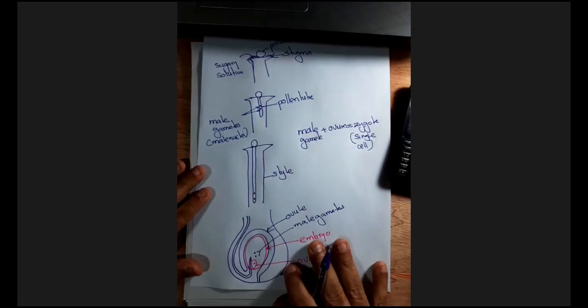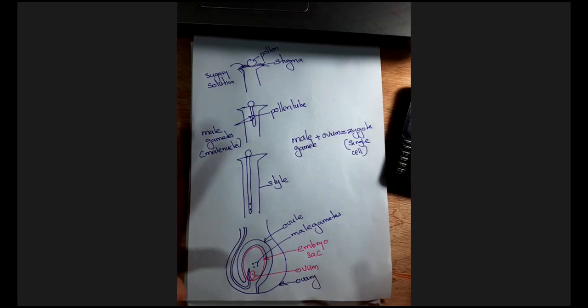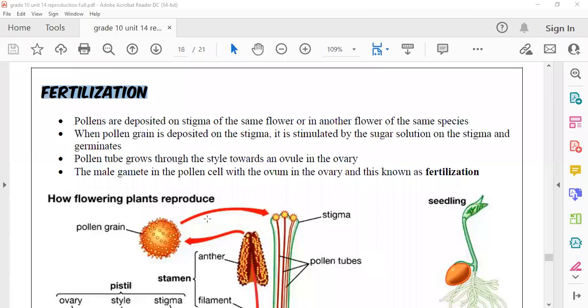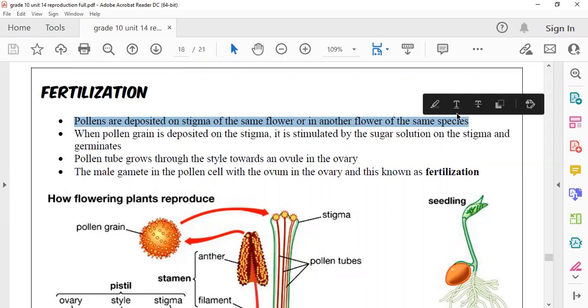Okay, so these diagrams you have to draw under the heading fertilization. Right? After drawing the diagrams, you can write this note. In this note, we are telling pollen grains are deposited on the stigma of the same flower or in another flower of the same species.